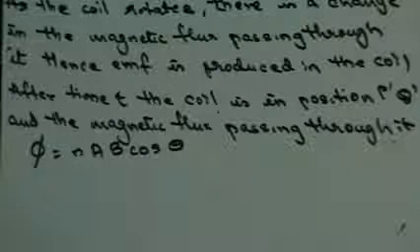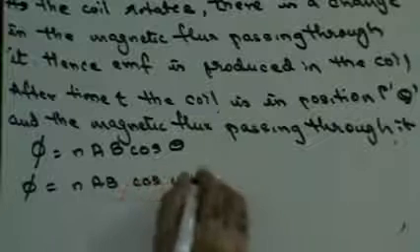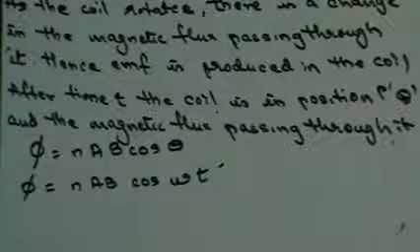That is the magnetic flux in position P bar Q bar. But theta is nothing but omega t, therefore phi can be written as NAB cos omega t.